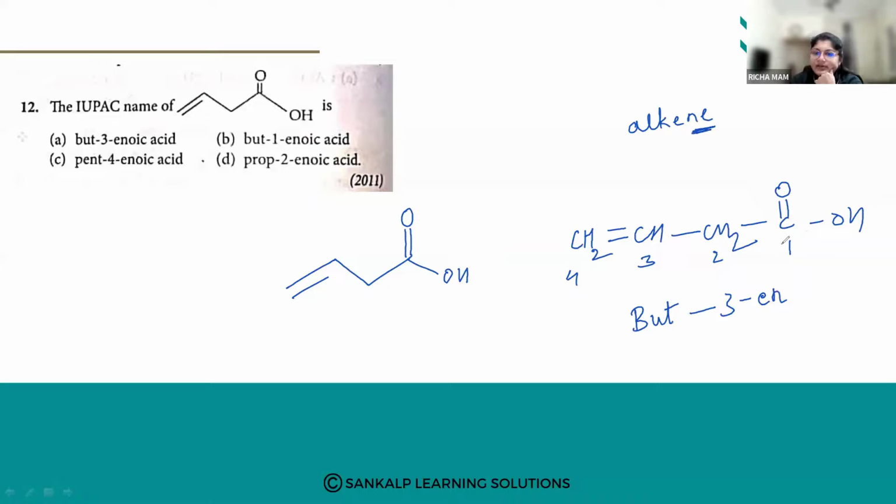Then what do you have? You have an oic acid, because it is a carboxylic acid, the ending is oic acid. So it is but-3-enoic acid. So option A is the answer. The IUPAC name for this given compound is but-3-enoic acid. Okay, fine, option A is the answer.